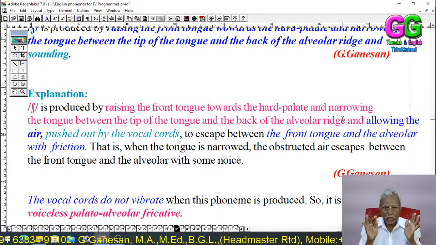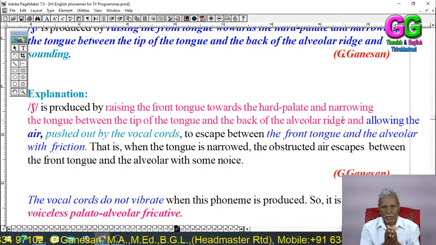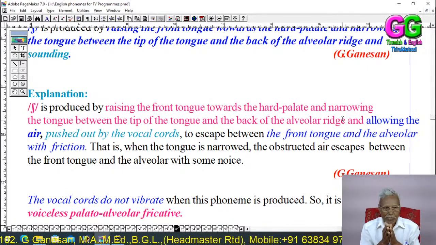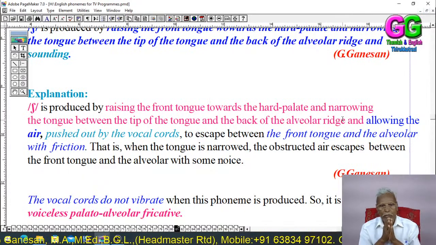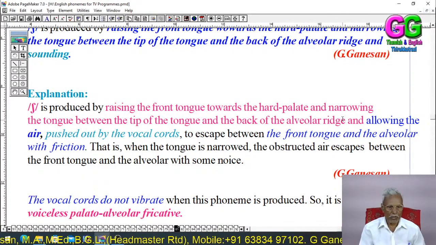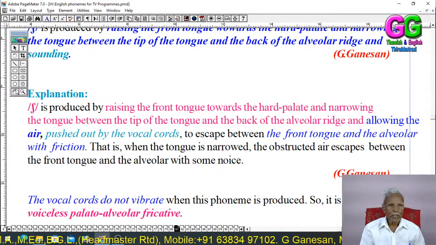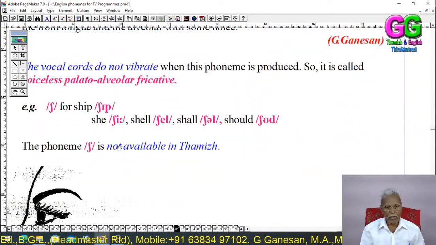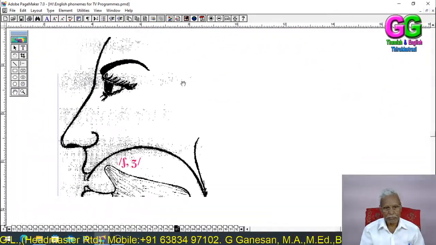That is, when the tongue is narrowed, the obstructed air escapes between the front tongue and the alveolar with some noise. Now let us see the picture. Now let us see the diagram.